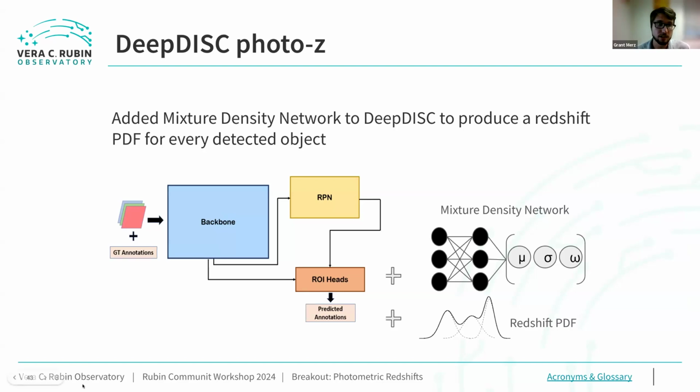What that does is take the features produced from deep inside the network and feed them through a network which then produces means, standard deviations, and relative weights. So basically parametrizing the PDF of an object's redshift as a Gaussian mixture model. Next slide, please.